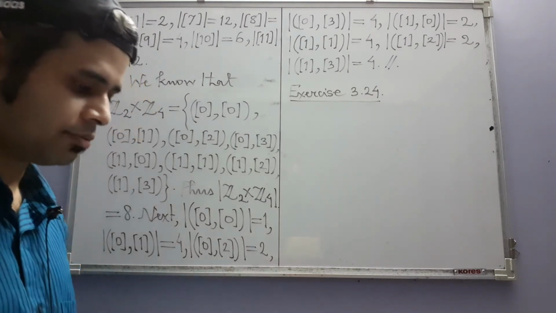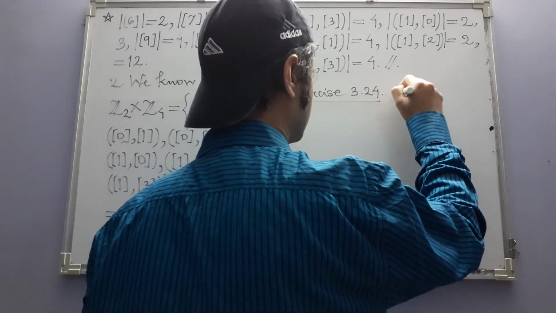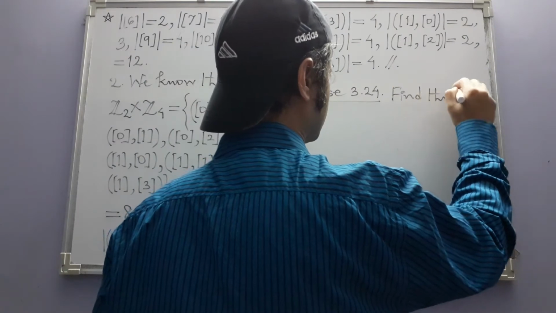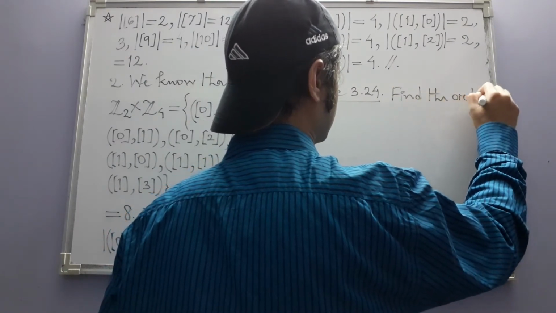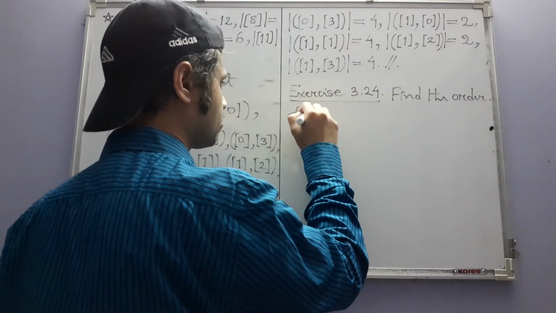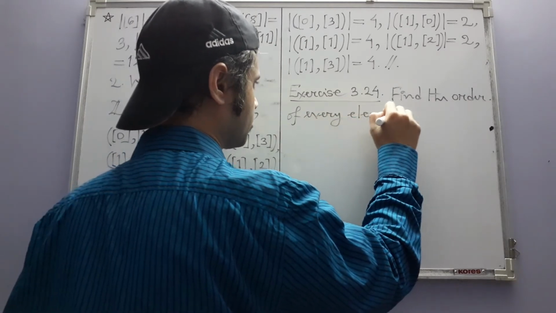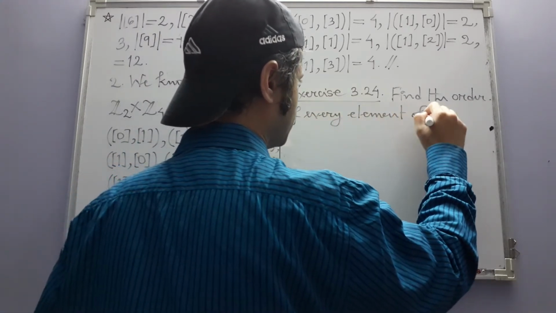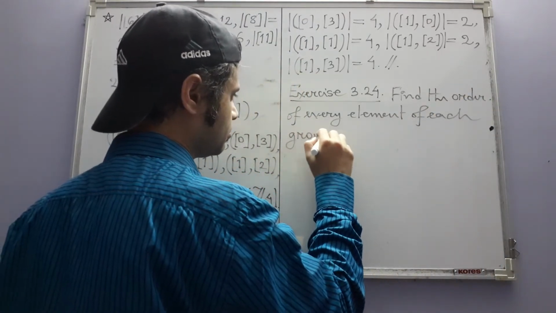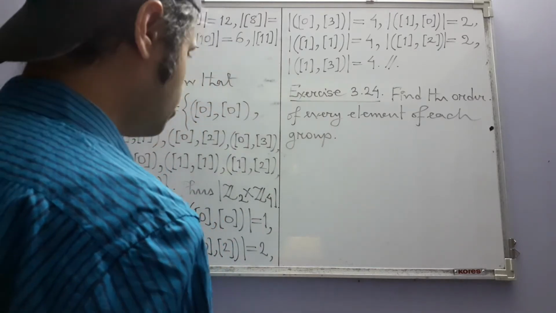Find the order of every element of each group. Is the group cyclic?